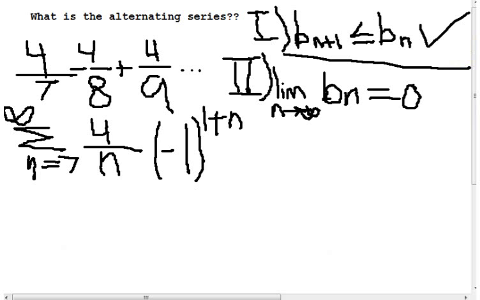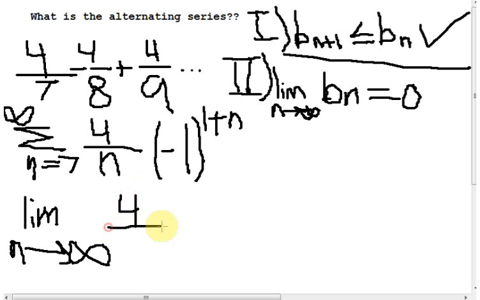Now the second condition, we'd have to check if the limit of this term goes to 0. So we have to check the limit as n approaches infinity of 4 over n.